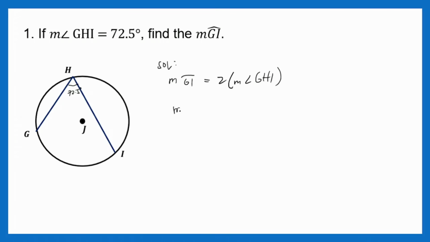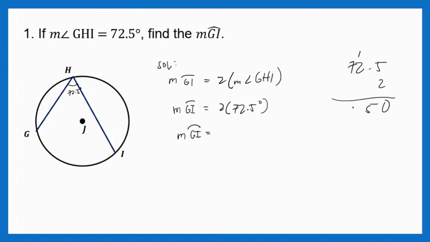Ayan. So, the measure of GI would be equal to 2 times 72.5 degrees. Times mo lang. Arc GI is equal to... Alright, so multiply mo lang. So, we have 72.5 times 2. So, 2 times 5 is 10, 0, carry 1. 2 times 2 is 4, plus 1 is 5. 2 times 7 is 14.